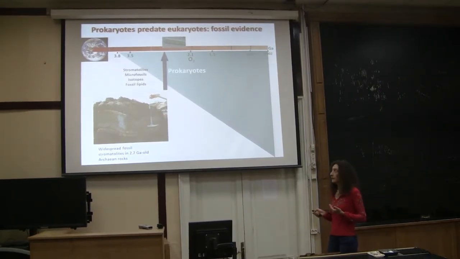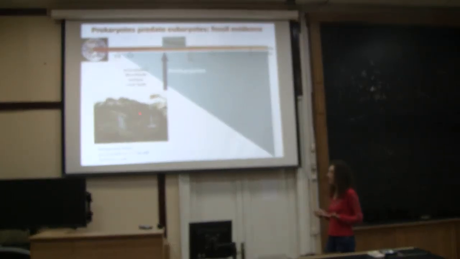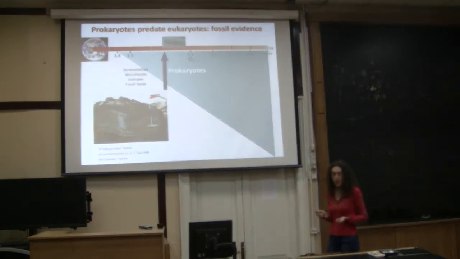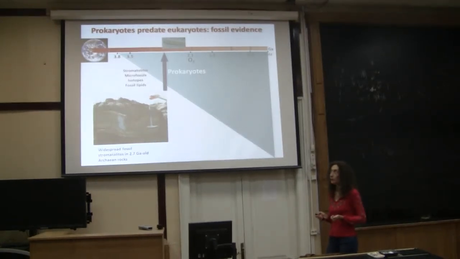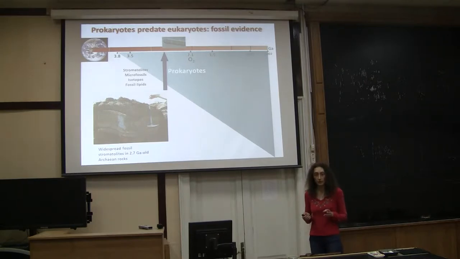Some people think that they can identify prokaryotic microfossils in this kind of structure, but the most serious evidence for the presence of prokaryotes at that time is that around 2.4 billion years ago, and certainly at 2.1, there was a massive increase of oxygen in the atmosphere.